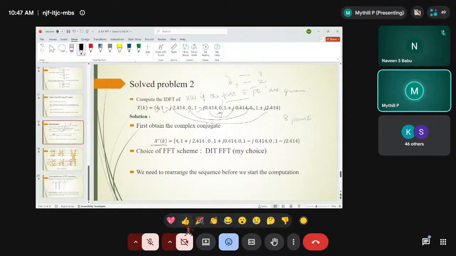After that, you choose the scheme, either decimation in time or decimation in frequency. If it is decimation in time, note that you have to number the even parts: 0, 1, 2, 3, etc. Then sort them out as 0, 6, 2, 4 neatly, and only then find the IDFT. Okay, that is all I had to say.